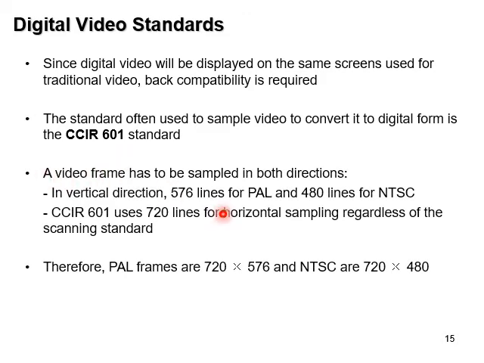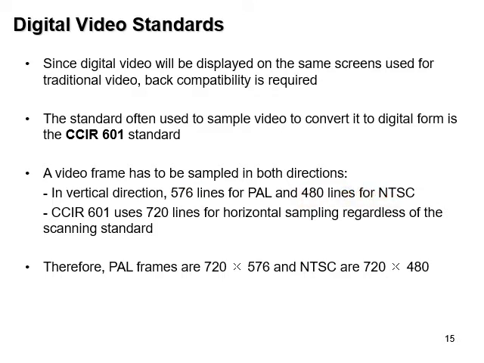A video frame has to be sampled in both directions. If you have a video that's coming from an analog system or whatever analog transmission, and you're going to convert that into digital form, how are you going to do that? First of all, you have to think about the size of the image. In the vertical direction, we are going to have 576 lines for PAL and 480 lines for NTSC.